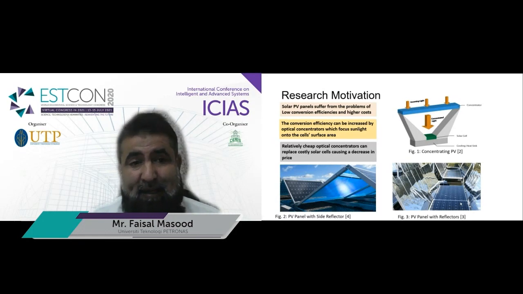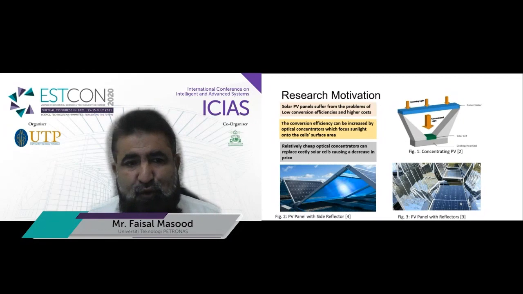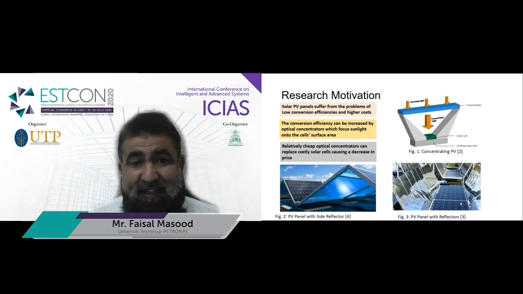These optical concentrators focus sunlight over the cell surface area, and they are relatively cheap compared to the costly solar cells, and thus they cause a decrease in price. We can say that the same PV output can be generated with less solar PV material by using optical concentrators.